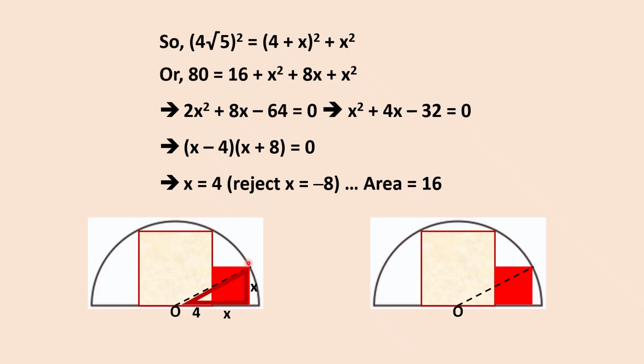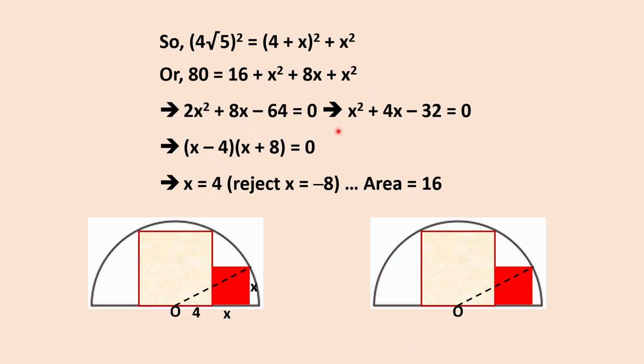The hypotenuse is the radius. 4 root 5 whole square will be 80, since 4 square is 16 and root 5 whole square is 5. So 80 equals, expanding using the a plus b whole square formula, 16 plus x square plus 8x plus x square.